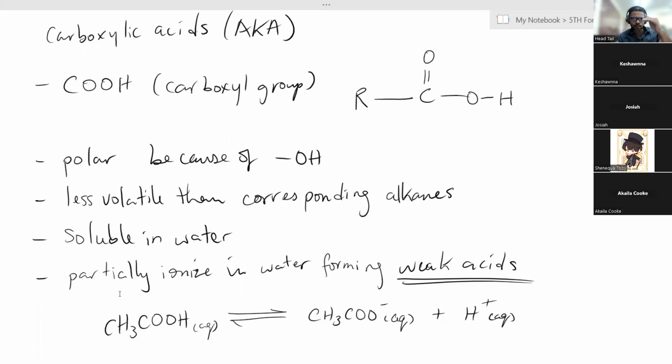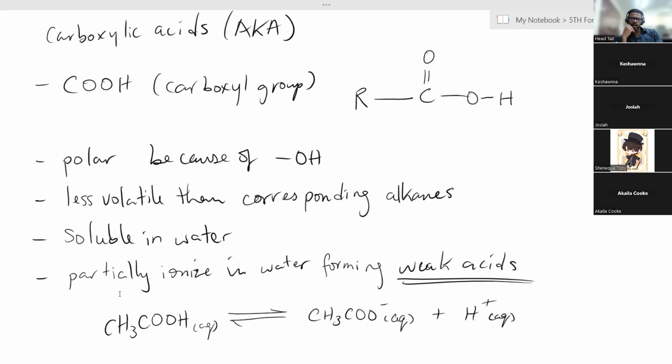We're just reviewing what we would have learned. Shanika, what do they react with? Repeat the question, please. What do alkanoic acids react with? Josiah said alcohols. That is correct. What else do they react with?